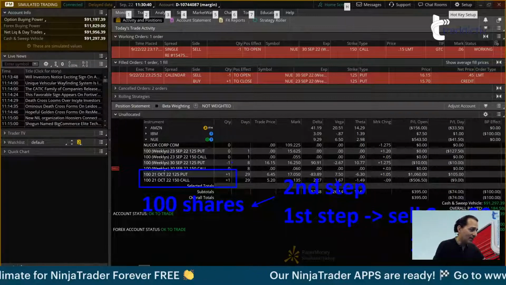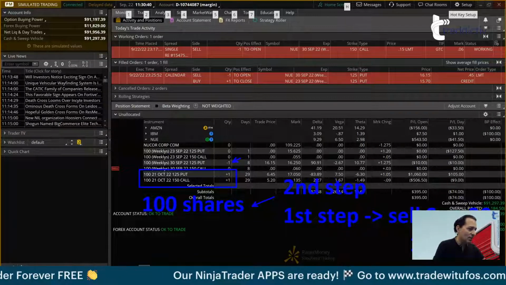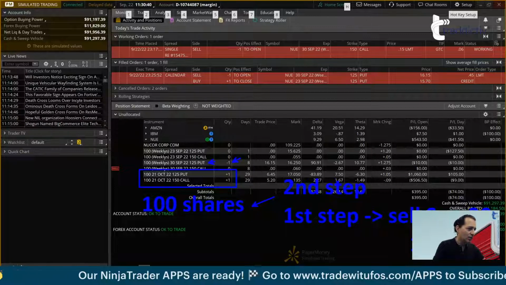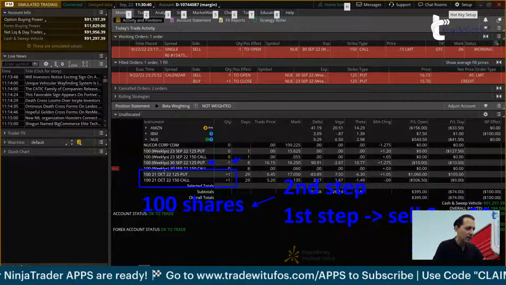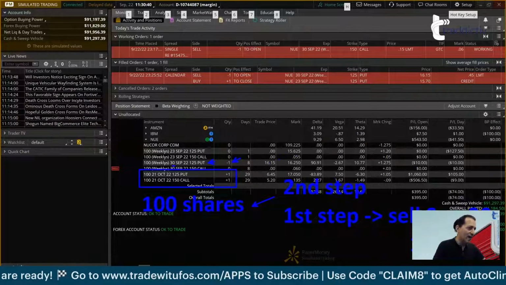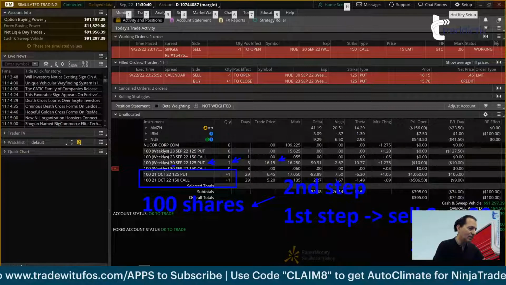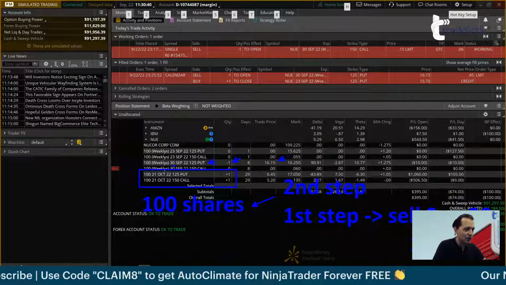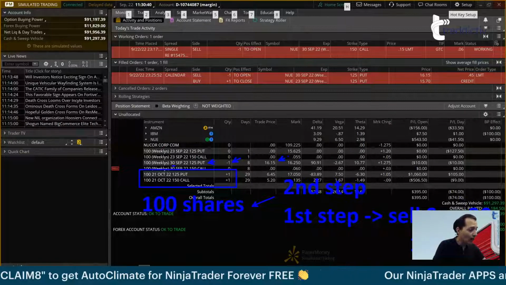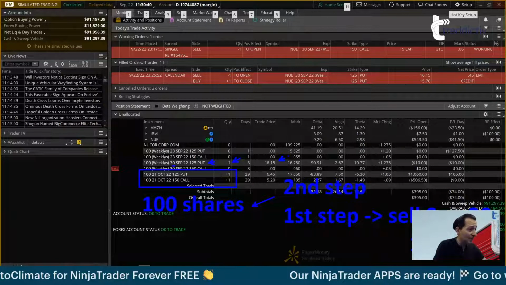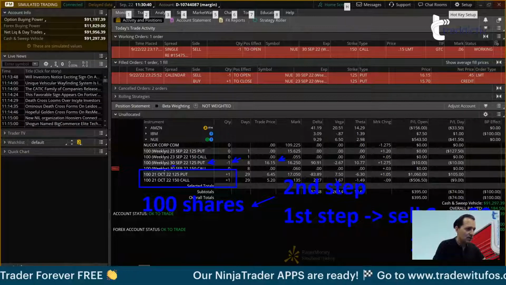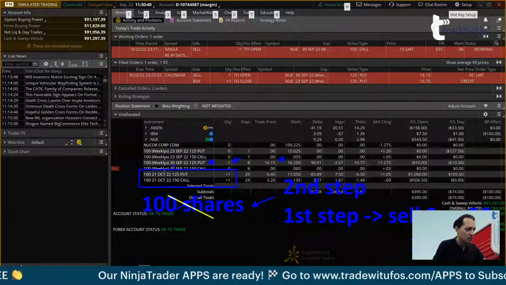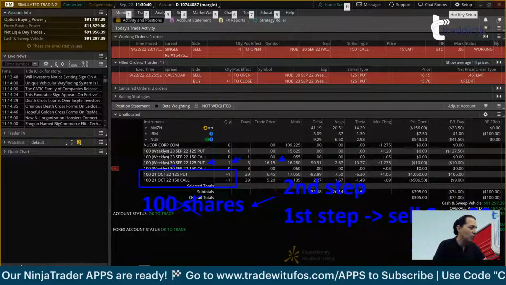The moment you get it filled, you will get that line: -1 125 put September 30. I got paid 16.15. So just get as much as you can, depending on the bid and the ask price. Just negotiate your entry properly, and once you get filled on the put, only then you close the shares. Closing the shares, you can just do that with a market order.